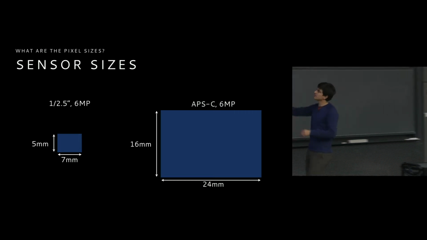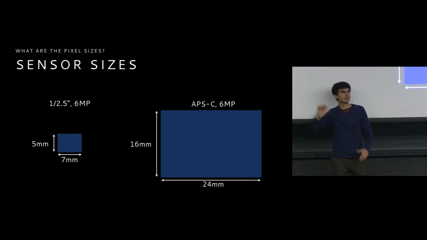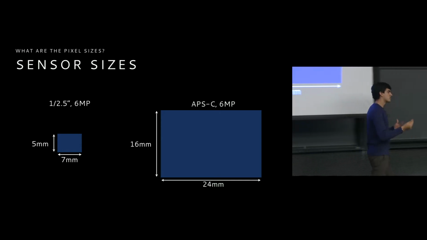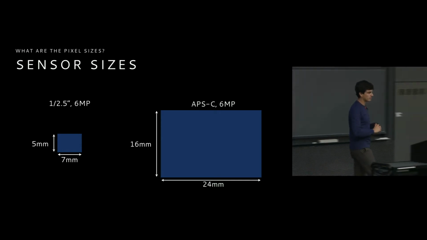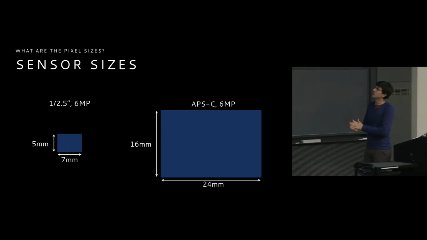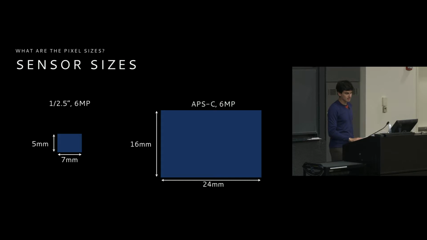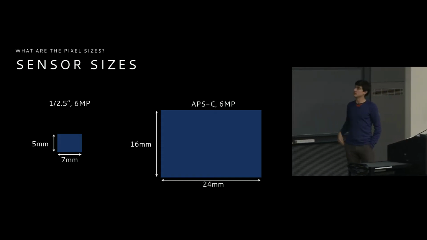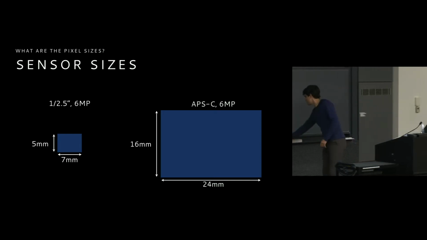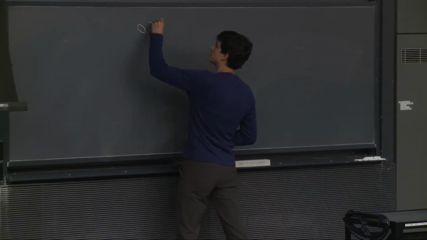So basically, these have the same number of pixels, but obviously the pixels on the left are going to be far smaller than the ones on the right. If we actually do the math, we have 24 millimeters divided by some number of pixels, and we get a size that's very, very small, but it's 8 microns. You don't have to worry about memorizing this.